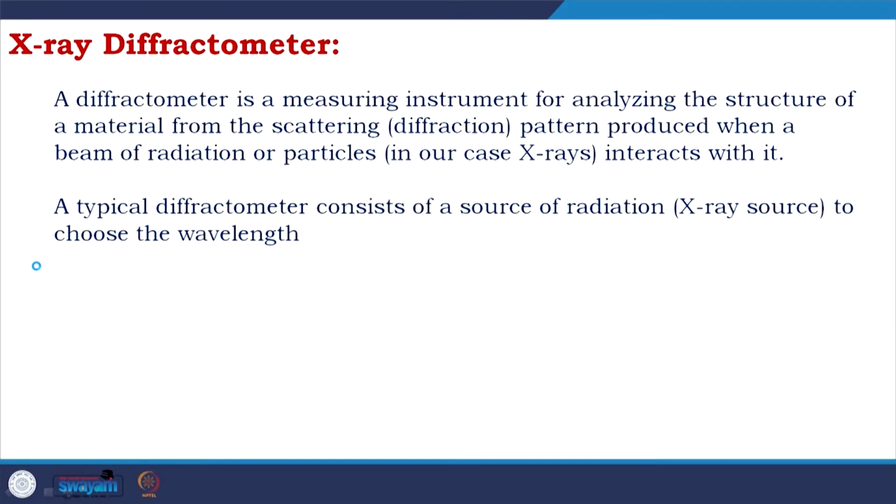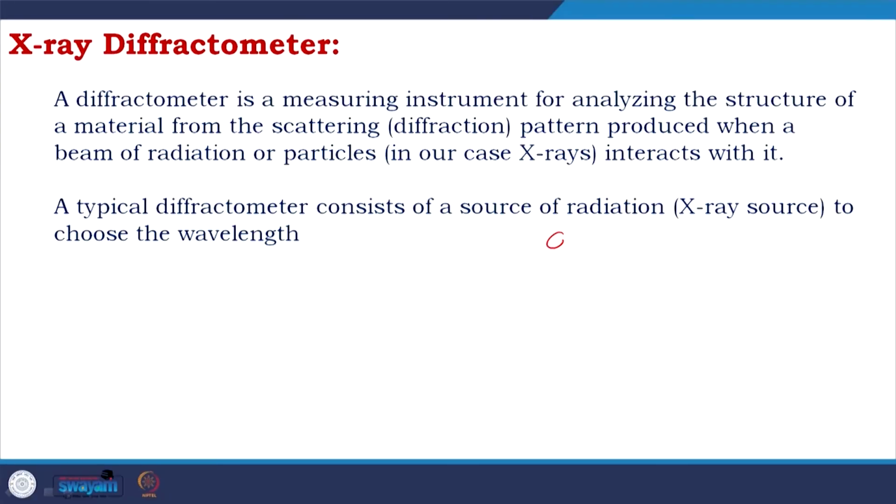A typical diffractometer consists of a source of radiation, an X-ray source, to choose the wavelength. Like when you are working with protein, you are using copper, which is 1.54 K alpha. Now, you might think this is copper, but you need two wavelengths. Why?